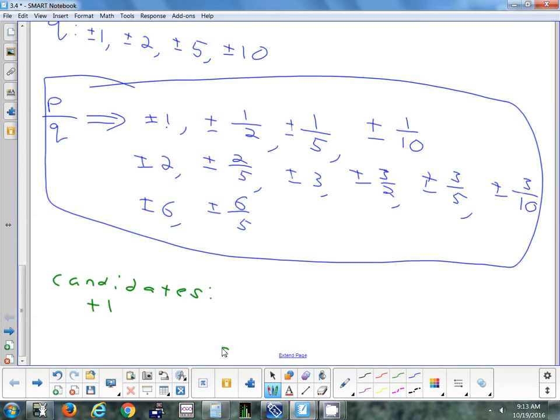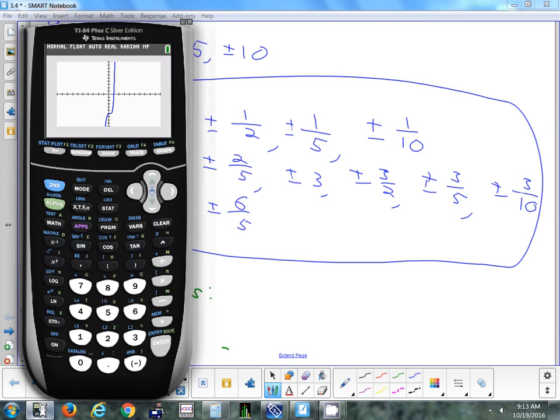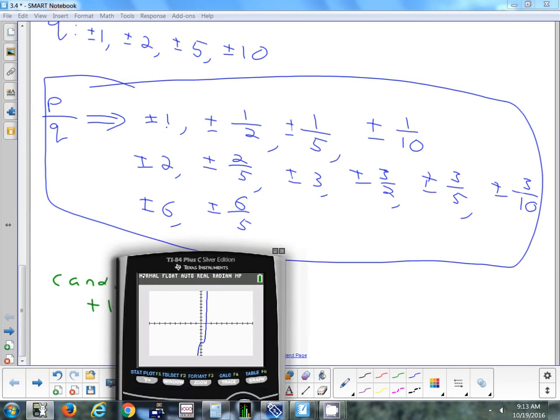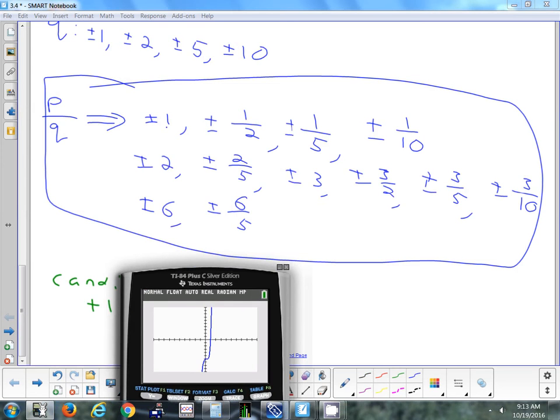So I would say 3/5, you could argue that that's a candidate. Negative 3/5? No. 3/10? That's 0.3. Not really. Plus 6, minus 6? No. How about 6/5? Yeah, 6/5. That's roughly 1.2, so I'd say that it could be a candidate.